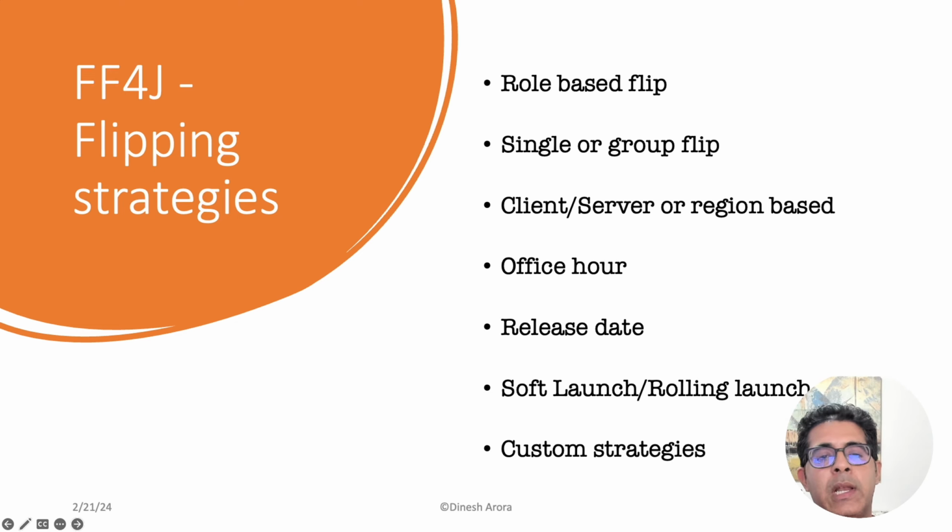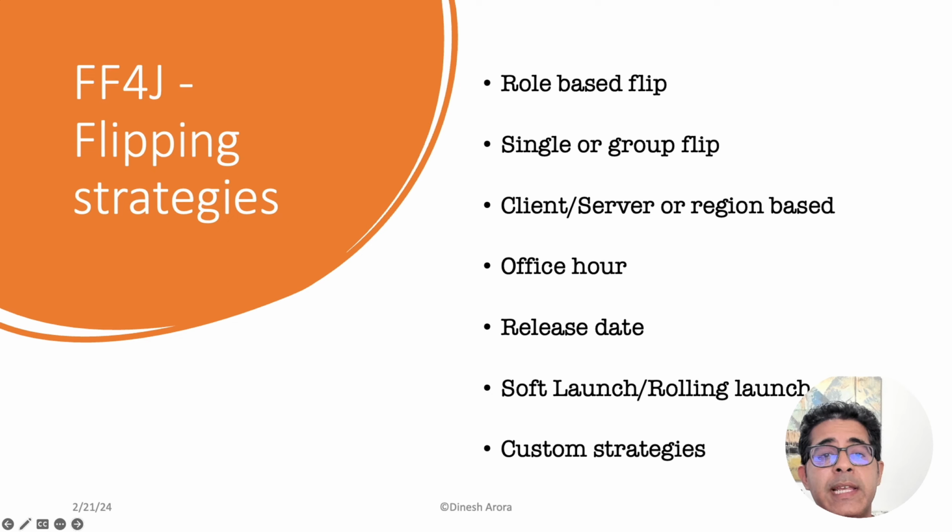Instead, FF4J allows you a concept where I can tag that all of these different features are part of one sprint and they're all going in together. When I flip this group flip button, it turns on all 50 features. So it allows you to do all of that. You can also do a client and server based gradual rollout. You can do an office hour rollout.